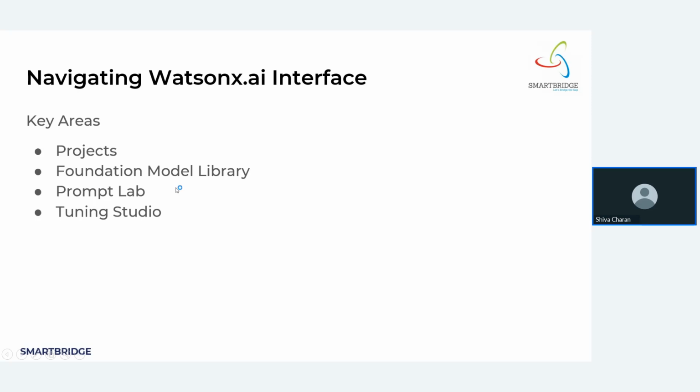Projects, foundation model library, prompt lab, and tuning studio, okay? Projects is what kind of project you're working on. Related to that project, a specific API key will be available, or we can create as many API keys as required for that single project, and then we can work.